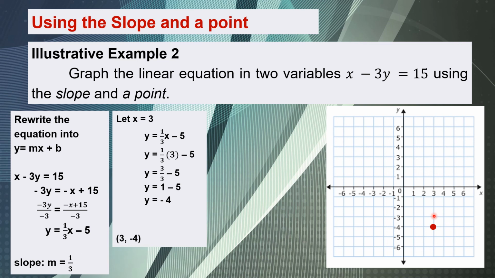And then, our run is 3. Since it is positive, so mag-move tayo to the right ng 3 units. So, 1, 2, 3. So, nandito na yung ating isang point. Since we have 2 points now, we can now connect this to form a straight line. So, this is now the graph of our equation x minus 3y equals 15.